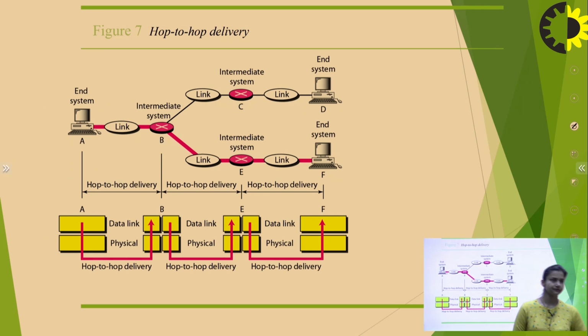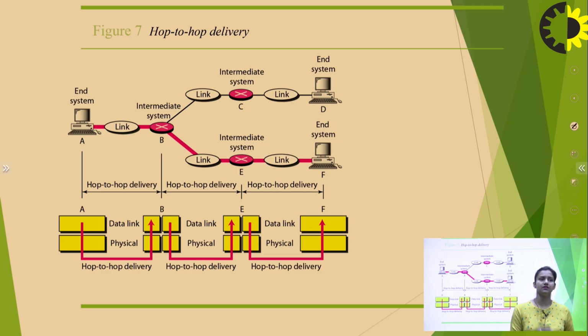Now, as you can see, there is hop to hop delivery. The nodes A, B, E, F, and A, B, C, D are the connection devices through which our data is passing. They are the hops, so we have hop to hop delivery, node to node delivery.